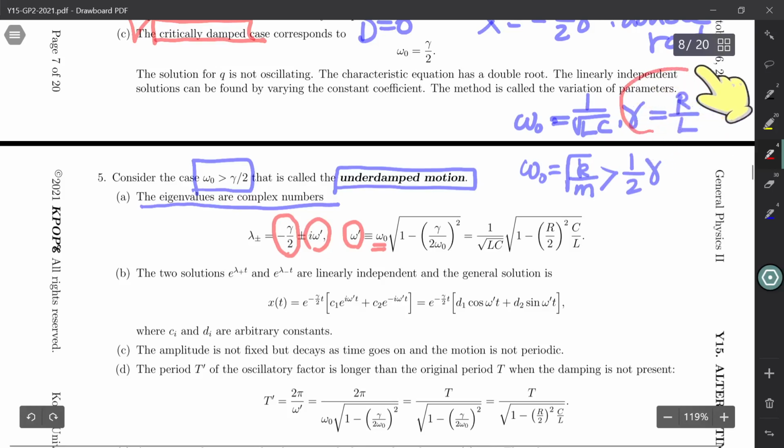We substitute these numbers, gamma over 2 omega 0.